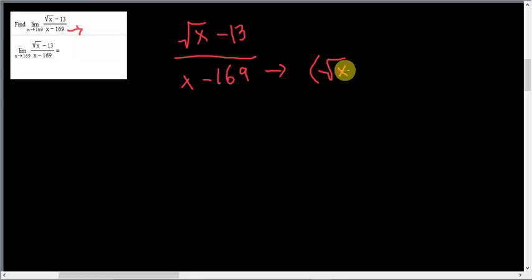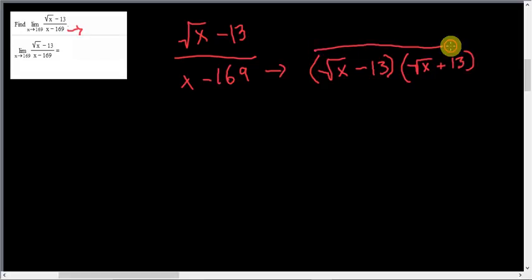We factor this out, we get the square root of x. The square root times square root is just a number, and we know there's no b value if you think about it like the quadratic equation, because that means there's a plus and a minus. Square root of x plus 13. So that's that, right? Square root of x times square root of x, you just get x.